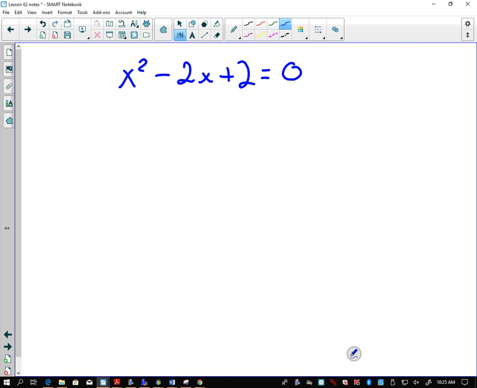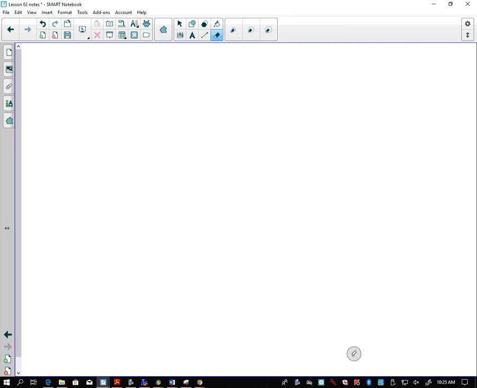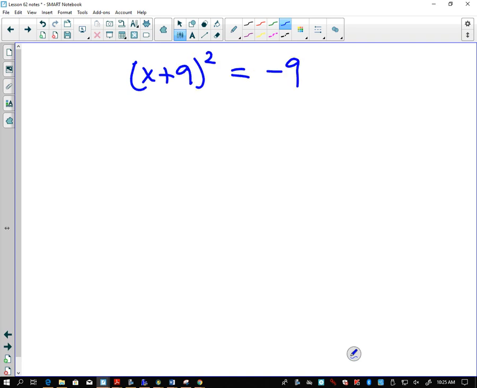x plus 9 squared equals negative 9. What do we say? (x plus 9) squared equals negative 9. Okay, so if we wanted to solve for x, where would you start? We're trying to isolate x, so we're going to have to undo some things.